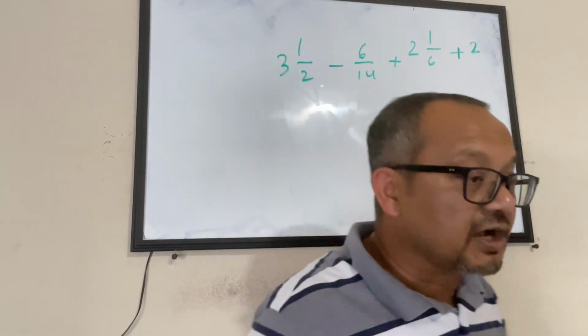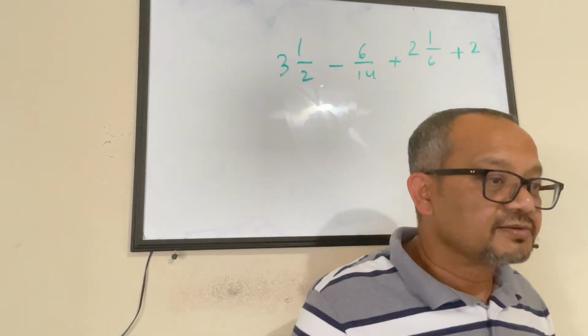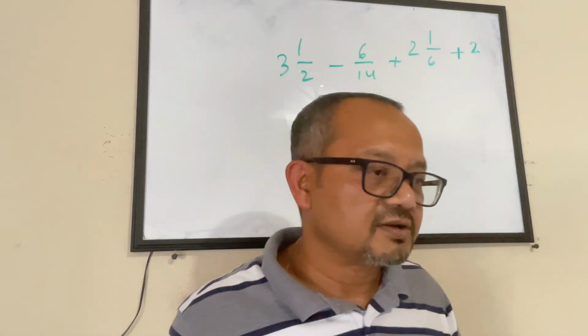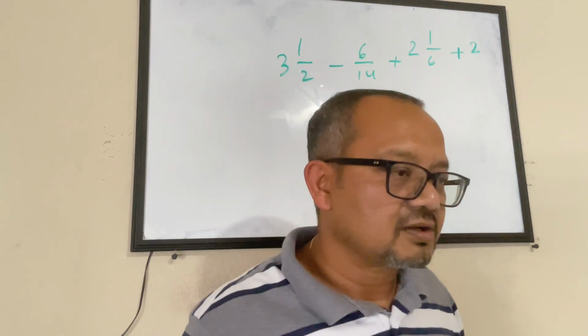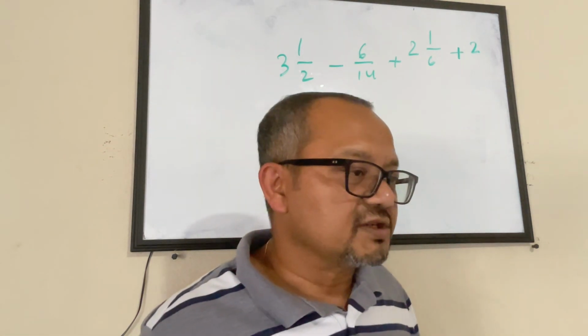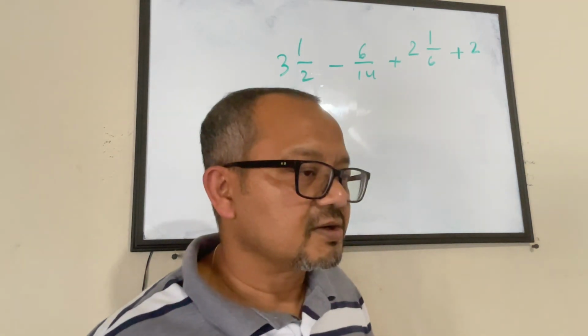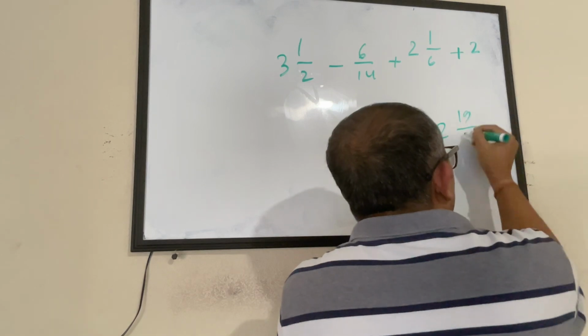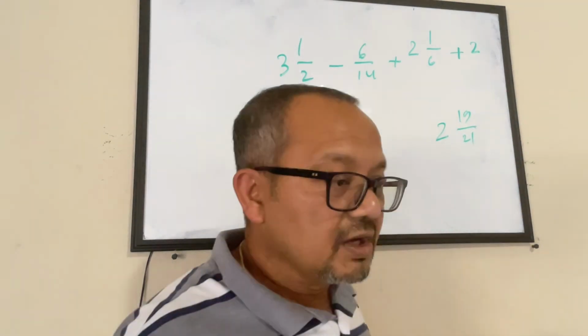Okay. So now, we have this question. Who all has solved it now? Gautam, are you ready? How much is the answer? I got a mixed number. It's like 2 and then 19 by 21. Okay. How about you, Nihan?